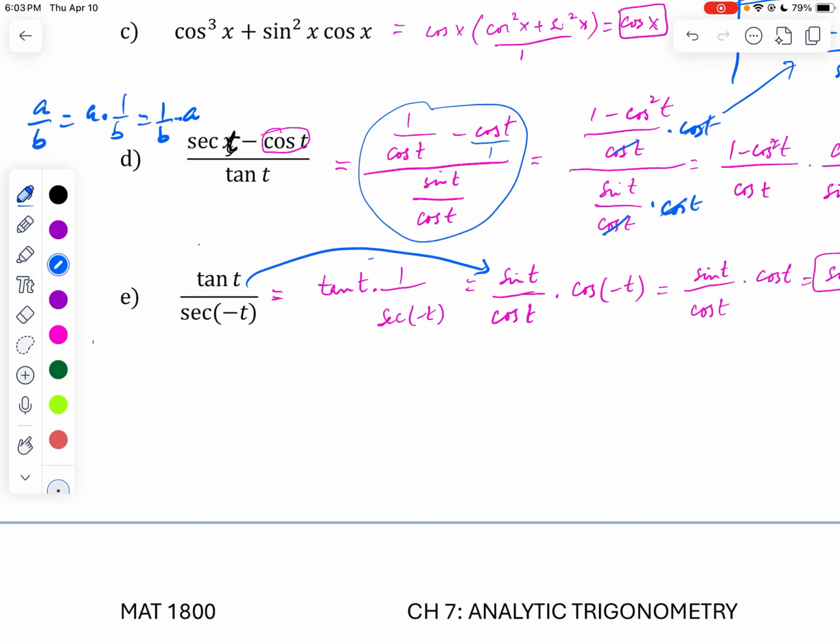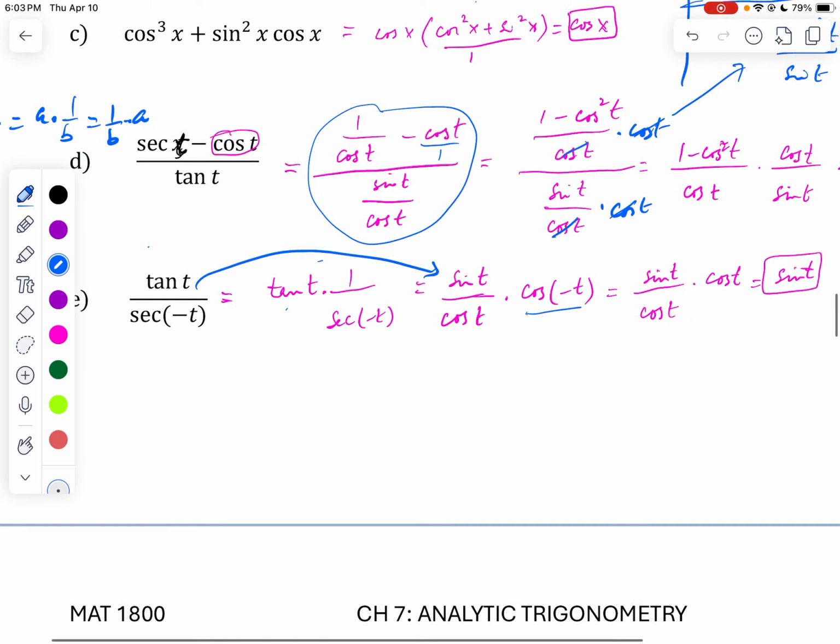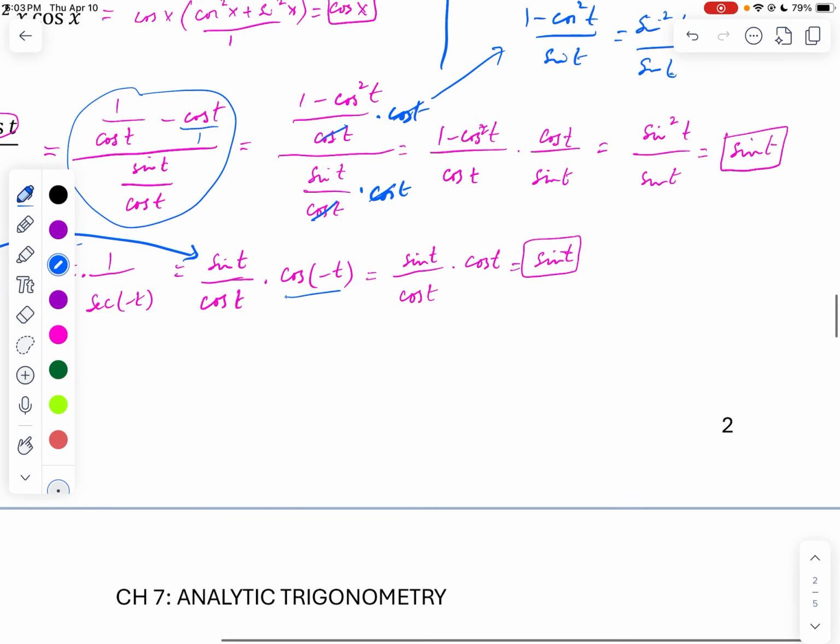So tangent t over secant of negative t, I wrote tangent of t times 1 over secant of negative t. Now 1 over secant of negative t is cosine of negative t, and the tangent is sine t over cosine t. Again, applying the even identity, cosine of negative t is cosine t. So we have cosine and cosine cancel here. We are left with sine t.